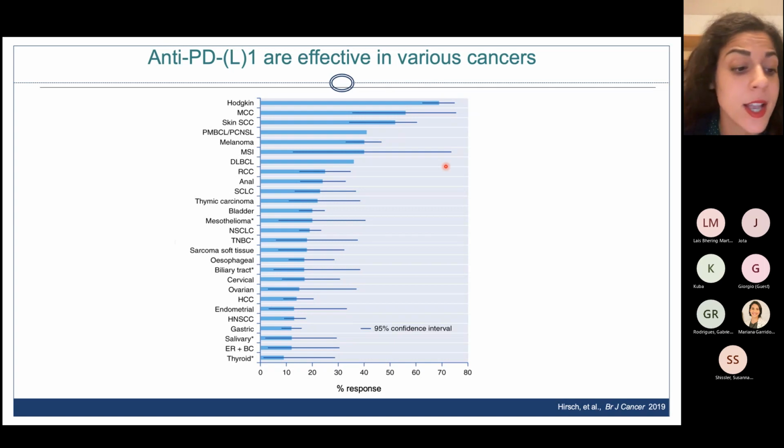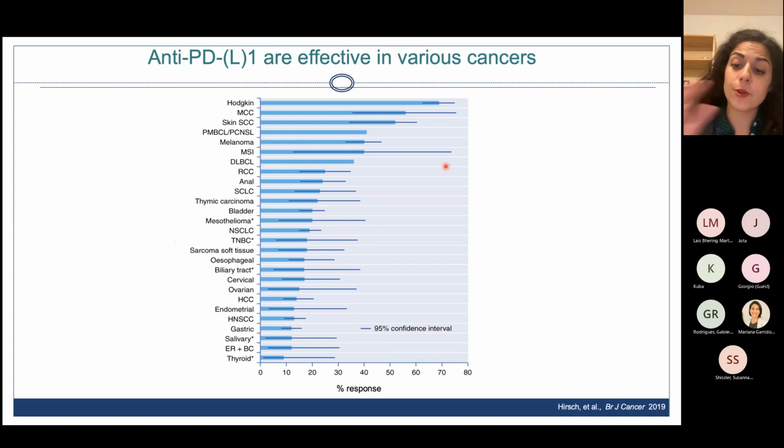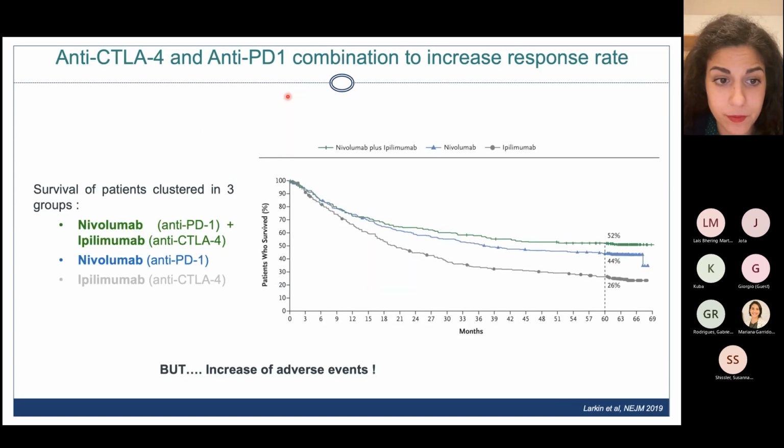Where is the cancer? What is the cancer type? Is it kidney cancer? Is it breast cancer? Because you activate all the immune system, and that can explain why anti-PD-1 or anti-PD-L1 treatments are highly effective in various cancers.